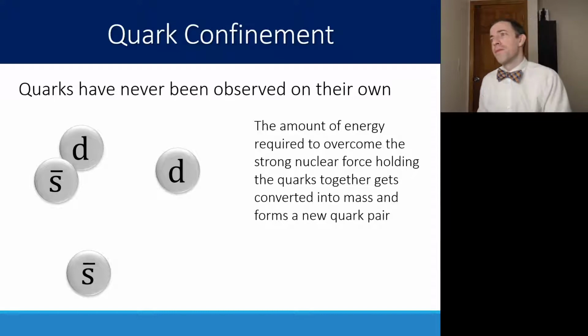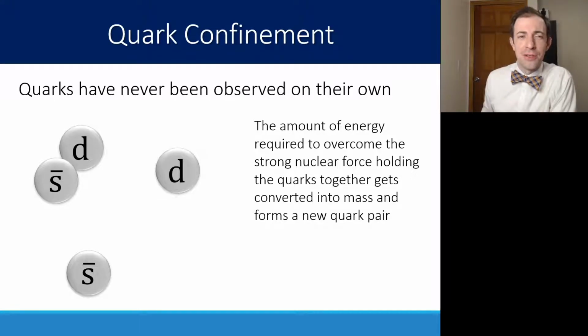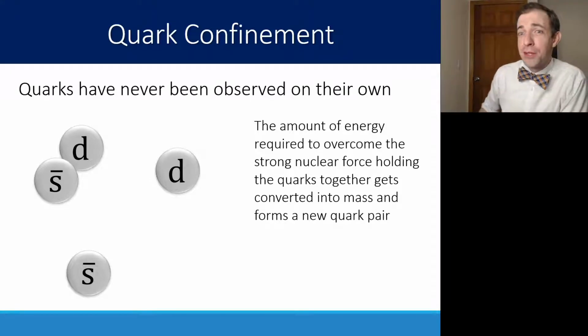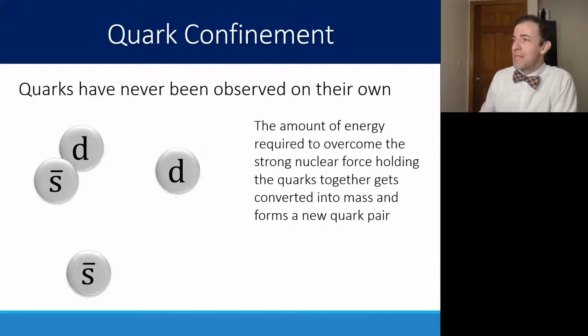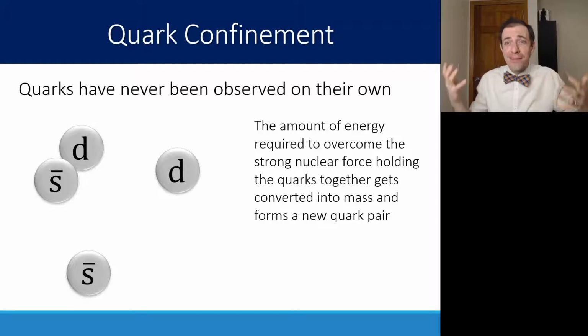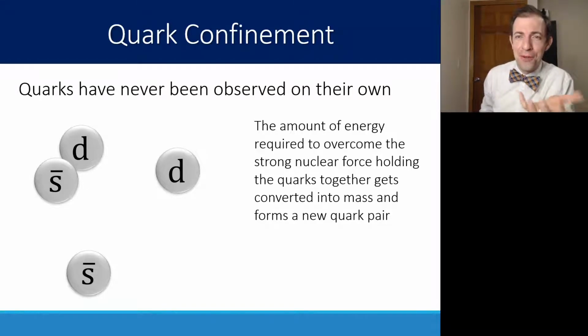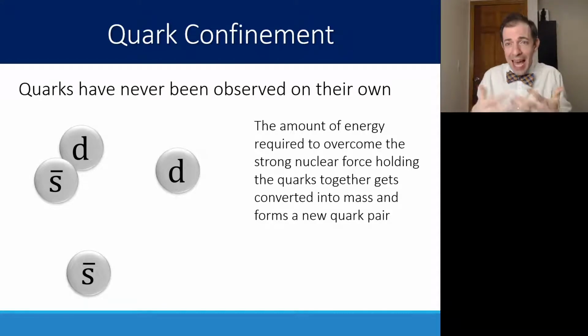All right, so we've seen these two quark combos or these three quark combinations. Well, what about one quark combinations? Well, it turns out that quarks have never been observed on their own. This is a phenomenon known as quark confinement. And you might think, okay, well, let's take a meson, which only has two, and let's rip those quarks apart. Let's add energy so that the quarks are no longer together.